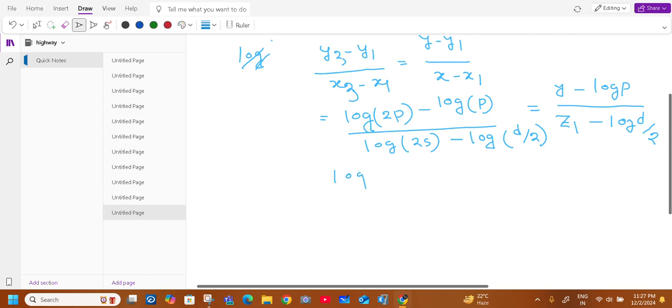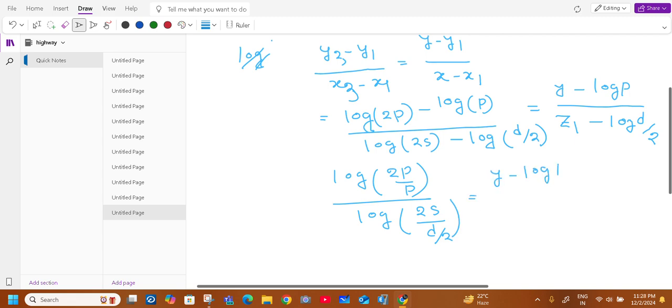So basically log 2p by p divided by log 2s divided by d by 2 equal to y minus log p divided by log z1 minus log d by 2.